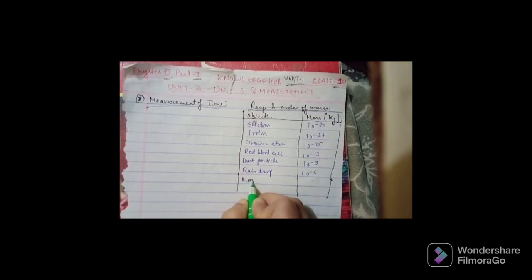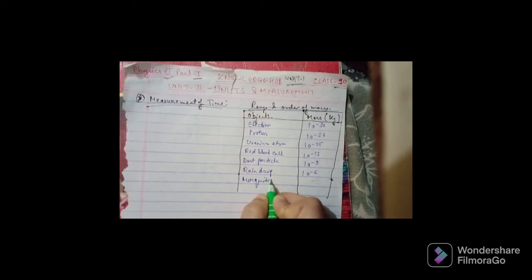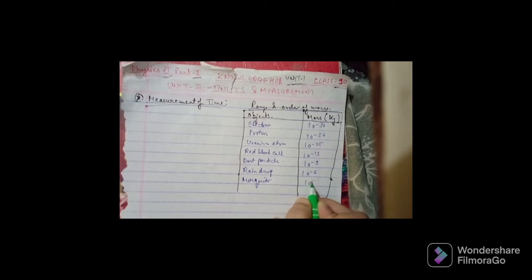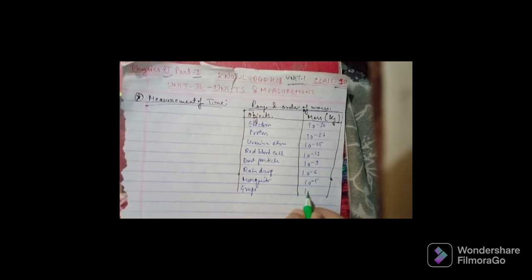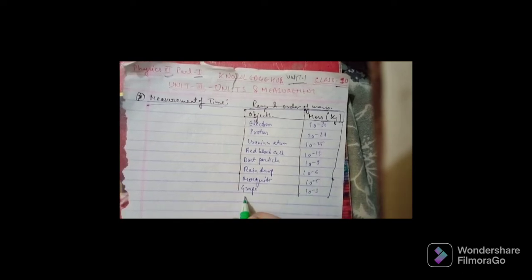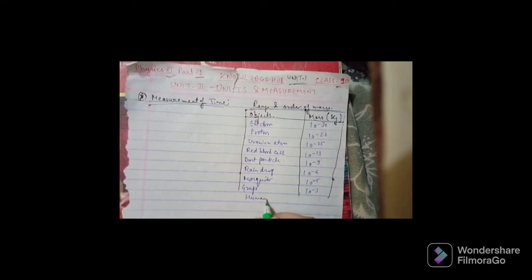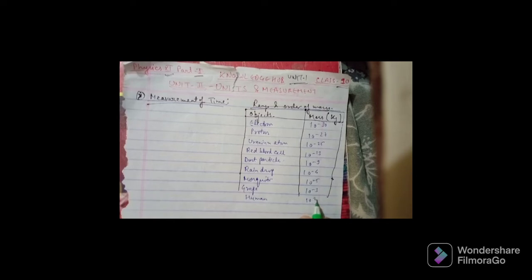Mosquito, 10 to the power minus 5. Grape, 10 to the power minus 3. Human, 10 to the power 2.